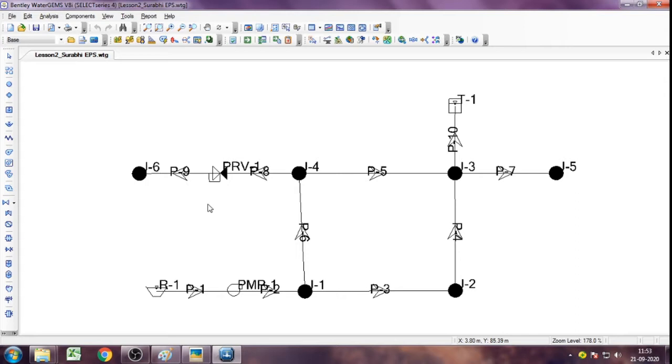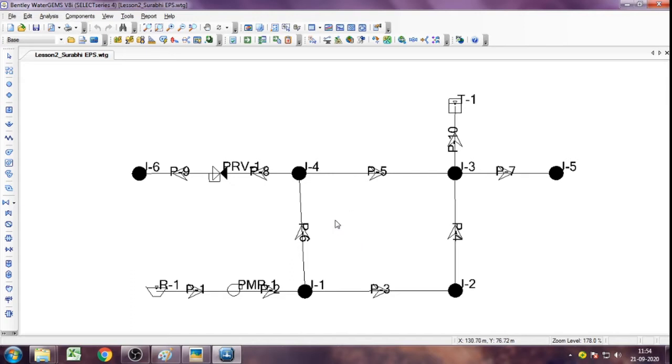Water demand is fluctuating over time, whether it is daily, weekly, monthly or according to seasons. The water demand cannot be fixed. So we have to model this change in water demand with time in our water distribution network, right? How we will do that, I'll be showing you.